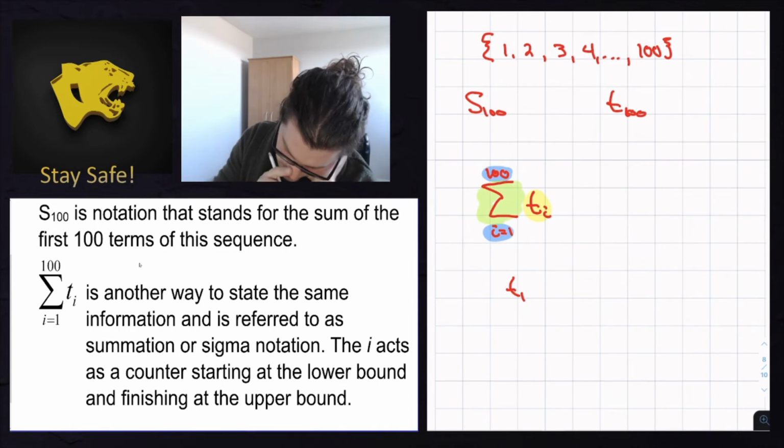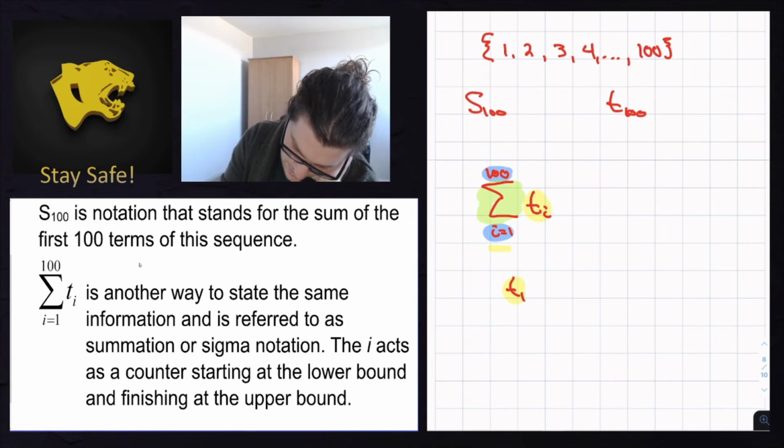So we take the thing that's on the inside, evaluate it at the bottom number first, and then add on to that, because of the sigma notation, we would go up to the next number, which is going to be T2.